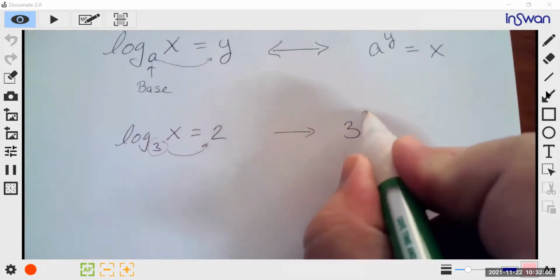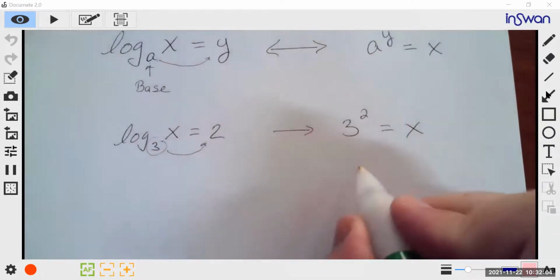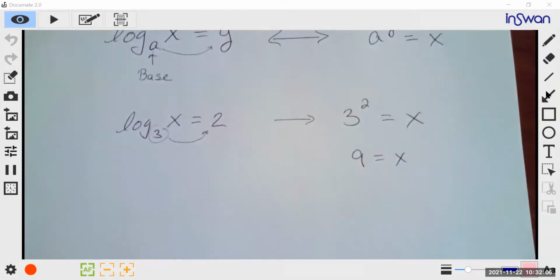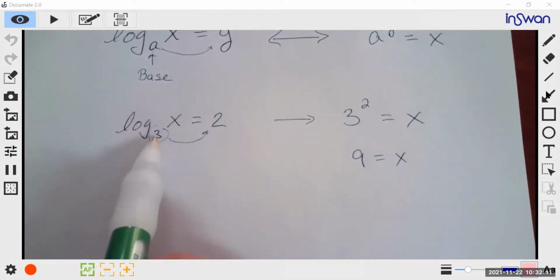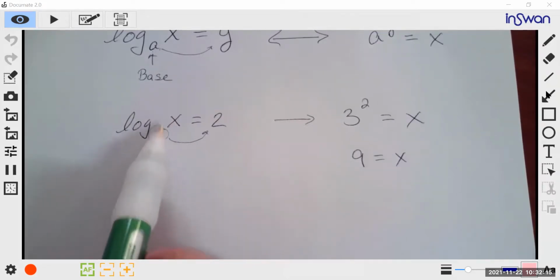So it's 3 squared equals x. 3 squared is 9. So 3 to the power 2 equals 9.